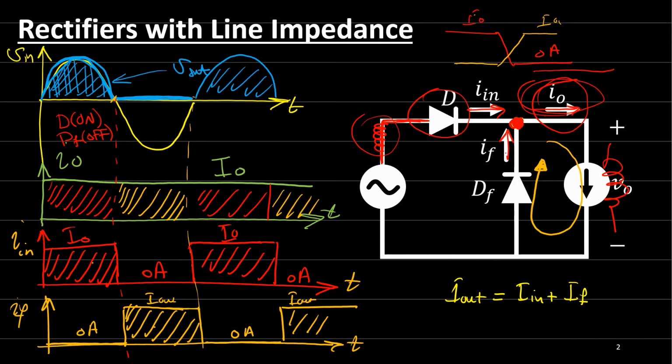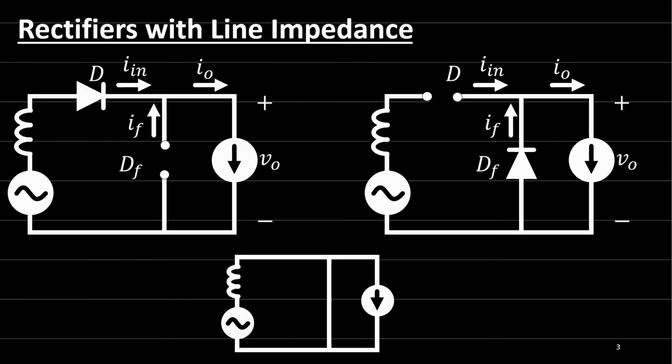So here, because this slope is dropping fast, the rate of change of the current with respect to time is very large. So this will be a very large value. Let's consider the line impedance effect on the input and the output voltage of this rectifier.